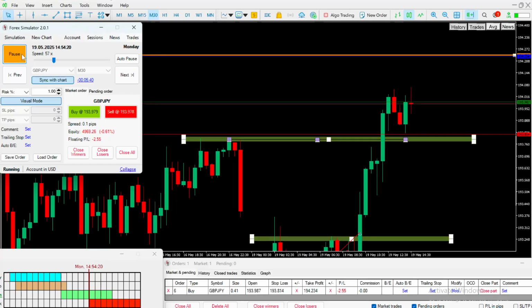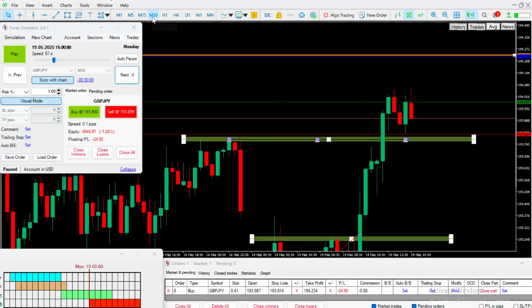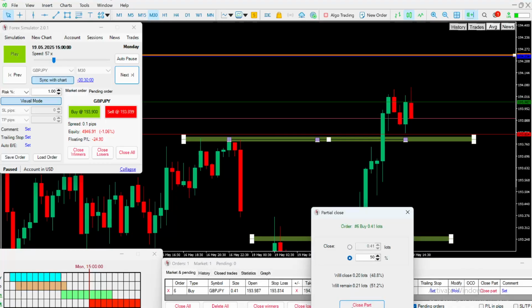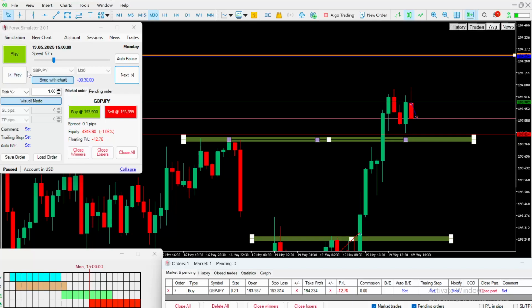It's now New York open, and New York usually creates retests. So let's see where this candle closes. Bearish, so safe to close 50% because it should go exactly where we want it to go.